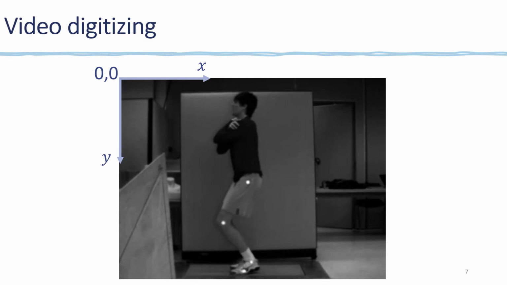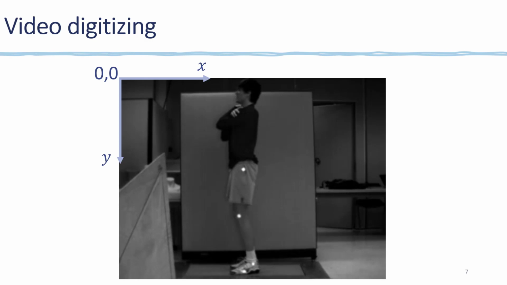So in this case, you need to remember part of step 3, which was to digitize each frame of the motion separately. So you'll have an XY coordinate for each of the markers for each frame of the video recording. So hopefully you can imagine how many numbers you end up with. Digitizing is no joke.